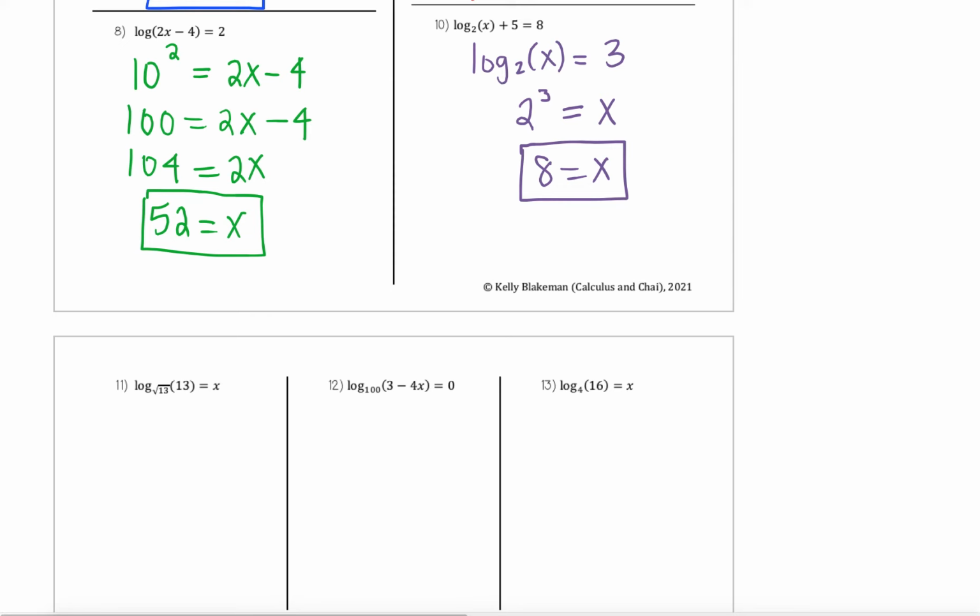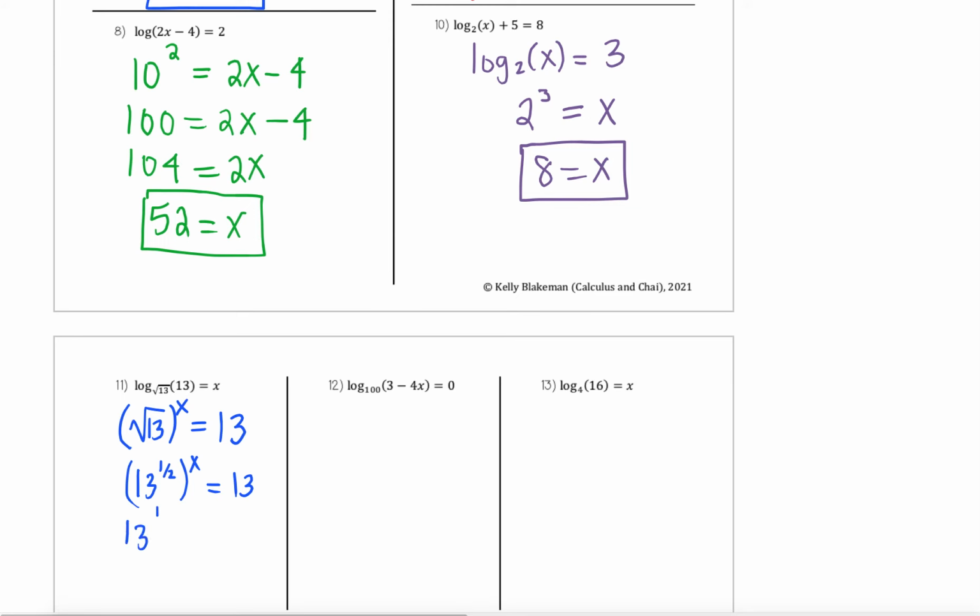So to check our exponential form, we'd have a base, which is the square root of 13, a little funky, to the x power equals 13. Now from here, we want to use what we know about radicals, and we can rewrite the square root of 13 to be 13 to the 1/2 power, all raised to the x still, equals 13. And now that I have the same base on both sides, I can set the exponents equal.